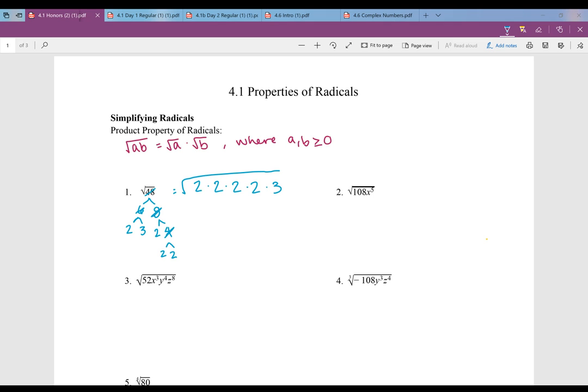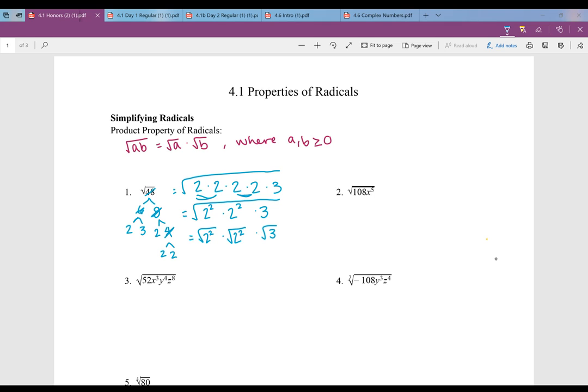Now if we think about this, 2 times 2 is really 2 squared, right? Those 2's together, and again, with these 2's, that's also 2 squared. If we use our product property, we know that multiplying under a radical is the same as having them all under their separate radicals.